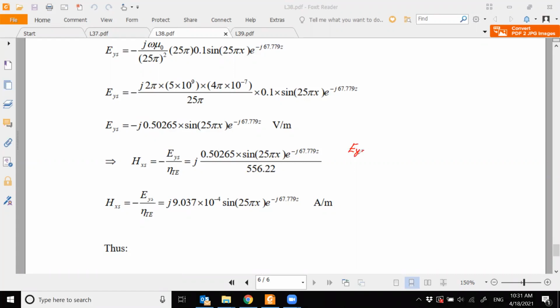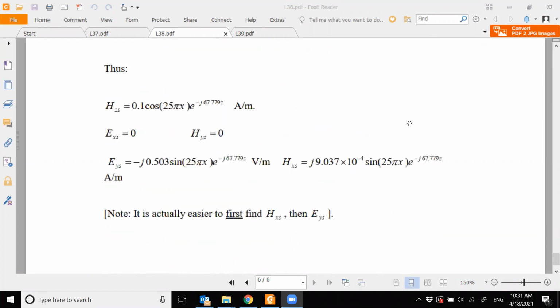Because EYS over HXS will give me minus eta TE. So if this exists, then I can find its associated HXS as HXS is equal to this over eta, and this is my HXS. So therefore, in summary, I have only HZS, my EXS and HYS are 0, and I only have the EYS component and HXS.